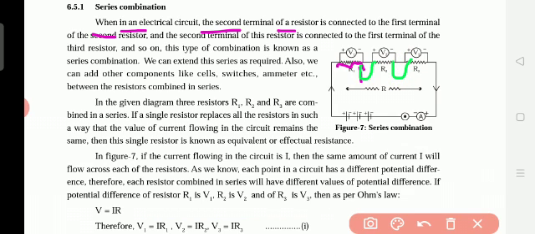Okay, so this is the one here. Now you see second terminal of a resistor connected to the first terminal of the second resistor. R1 is the first resistor, R2 second resistor, R3 third resistor. Okay. And so on. This type of combination is known as a series combination. So arranging resistance like this in a line is called as a series combination.